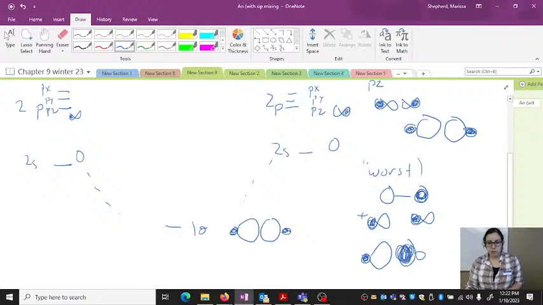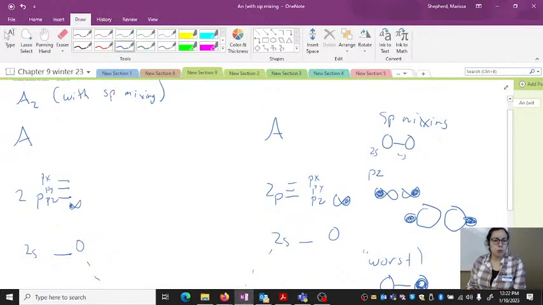That's a really unfavorable interaction. This is the price we paid for that one. So that's going to be our highest orbital. We had to pay an energy price. That's just what mathematically had to happen too.